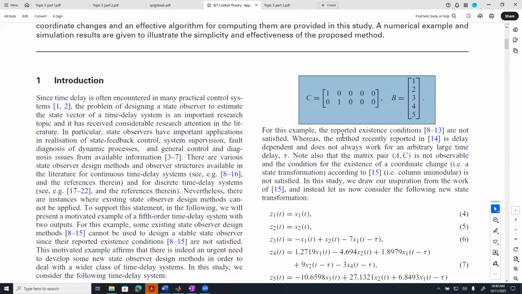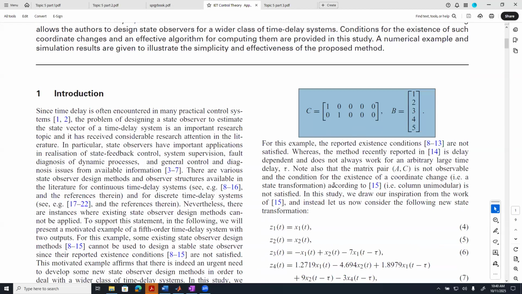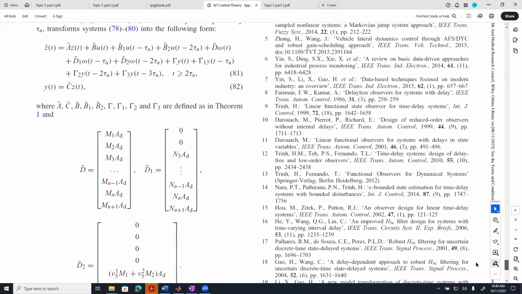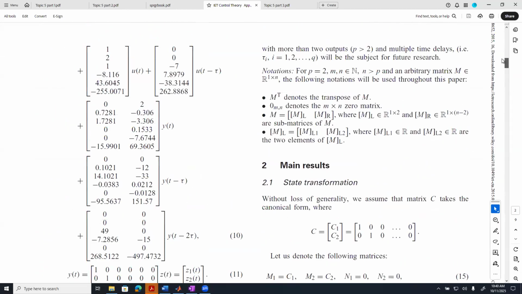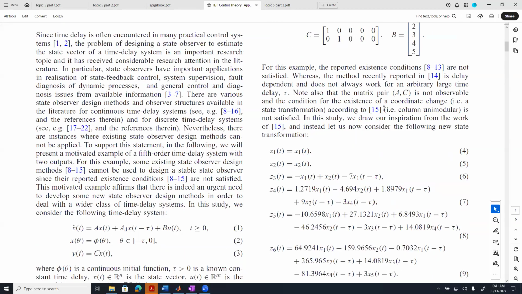Now, according to the analysis in this paper, it showed that the method by Howe and his co-authors, which is reference 15, which is this paper, the one based on the output injection approach, the existence condition there was not satisfied because of the column unimodular condition.